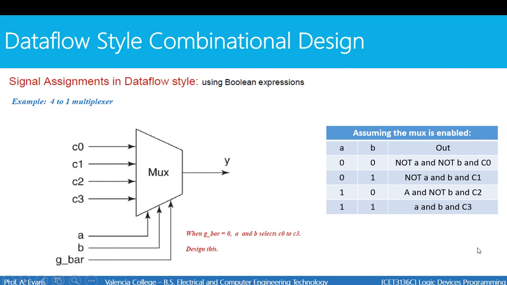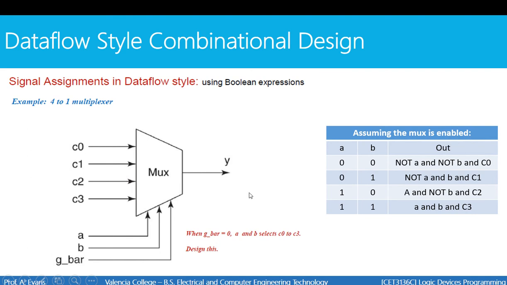Logically, using a Boolean expression, that means we have A and not B and C2. That's what's going to happen when C2 passes through to the output. And then lastly, if both of these are 1, C3 should pass. So that means that A and B and C3 is the Boolean expression that describes this scenario.